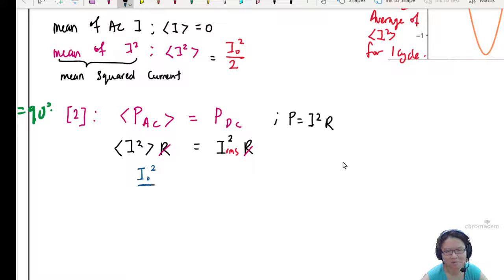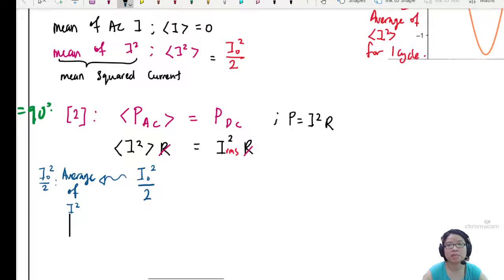Don't be too hung up about the equations. This is the average of I square. I drew the slide here for you, especially if you struggle a bit with maths. This I naught square over 2 is the average of the AC square.